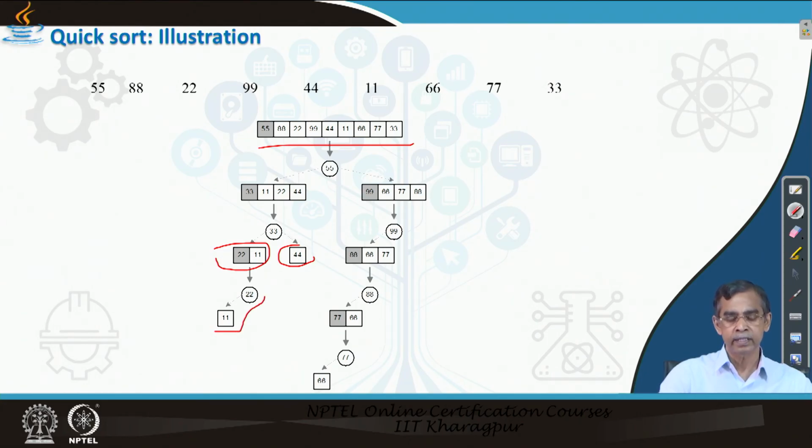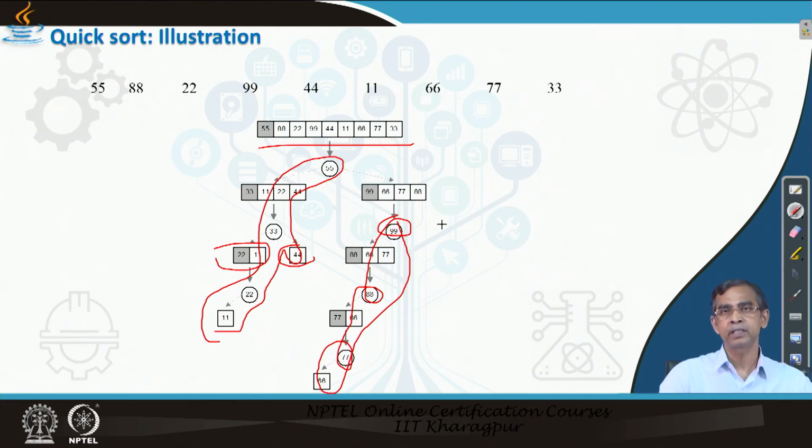So 11, 22, 33, 44 and this way 55, you see all these elements are already placed in their order. This part also, if you see starting from here, 99 is placed, then 88 placed, then 77, then 66. So this is also placed in this order. Whenever you do it, the final positions automatically place them, so we do not have to do any other procedure for the combine.